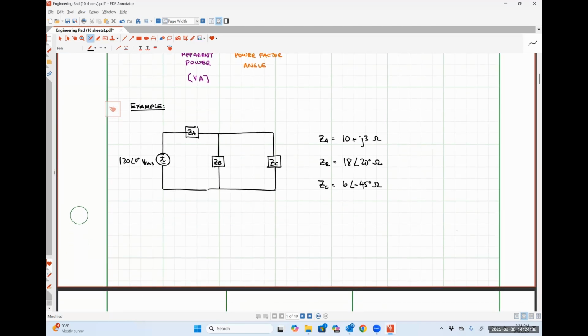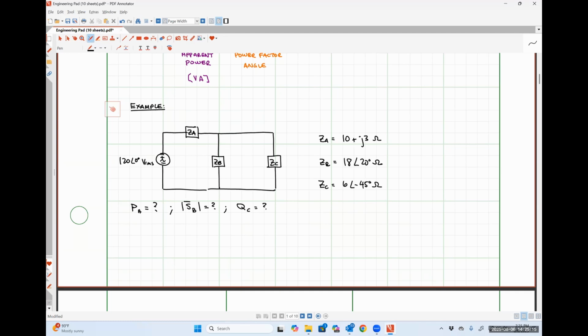What I'm interested in us finding is the average power absorbed by impedance ZA, the apparent power absorbed by impedance ZB, and the reactive power absorbed by impedance ZC.